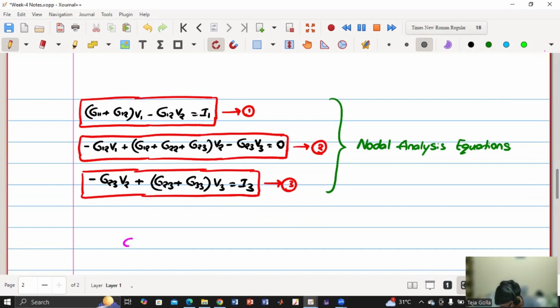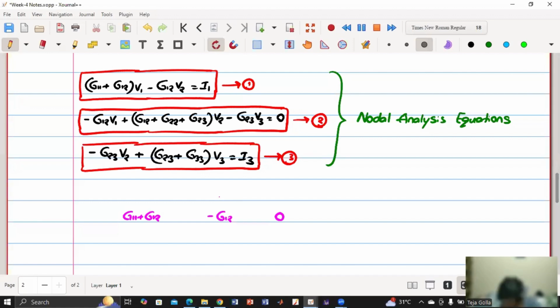So we have G11 plus G12 as the V1 coefficient, then the V2 coefficient, then the V3 coefficient in the first equation. Then in the second, the V1 coefficient, then the V2 coefficient, G12, G22, G23, then the V3 coefficient, minus G23.